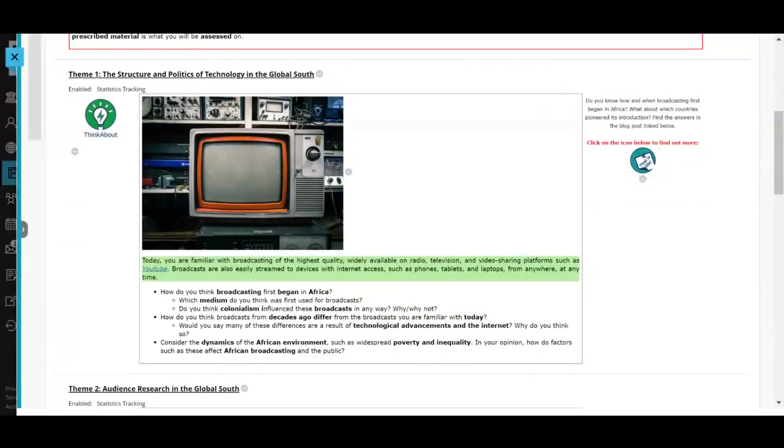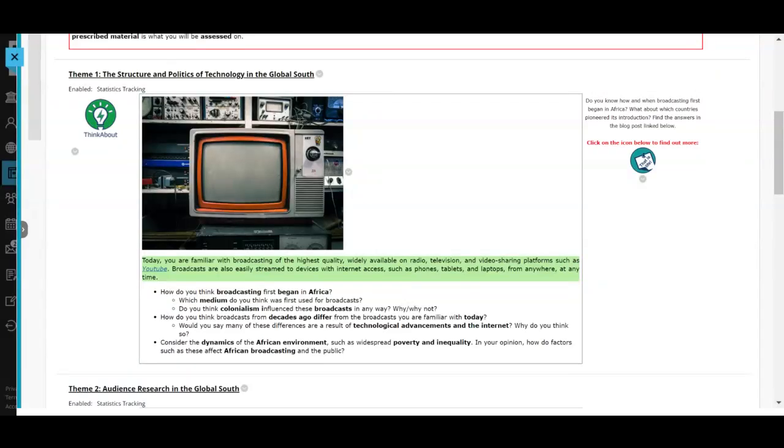So what's important here is to think about where colonization has taken place, which places in our world have had that influence and have had their autonomy taken away from them at some stage, which influenced the way in which they have interacted and engaged with media.